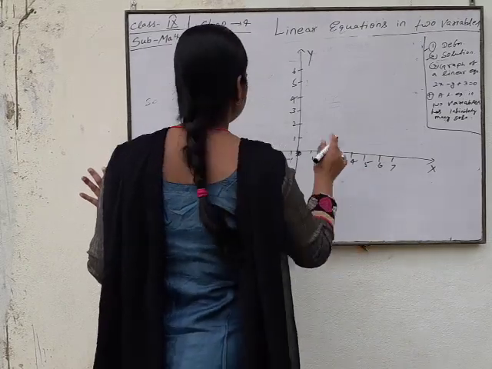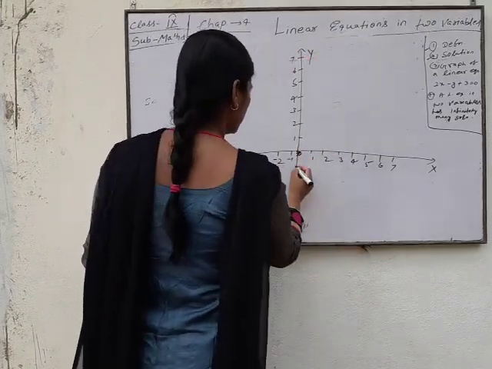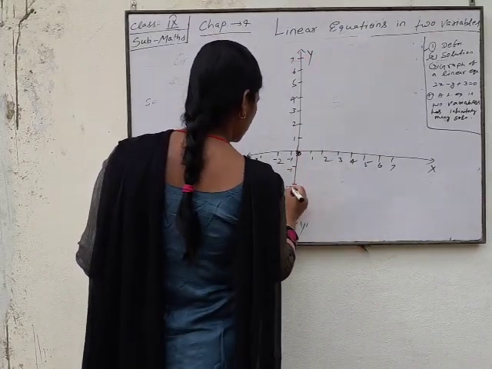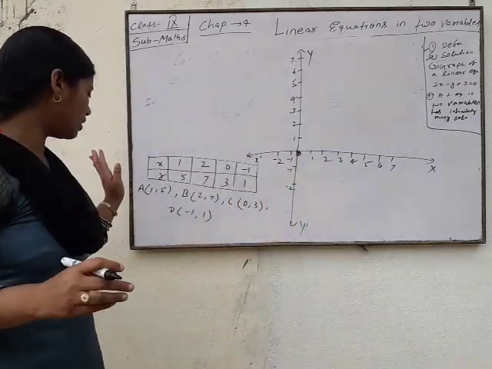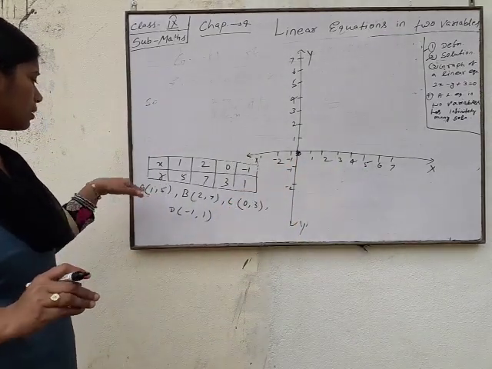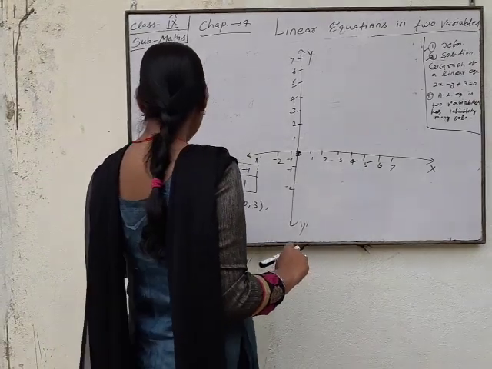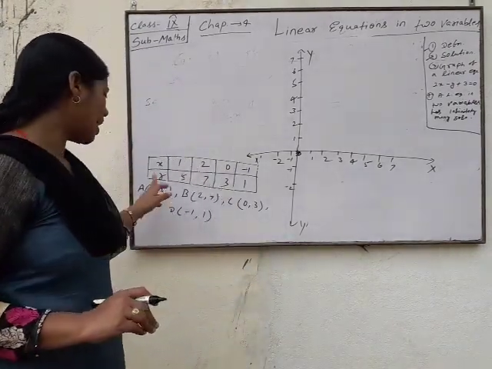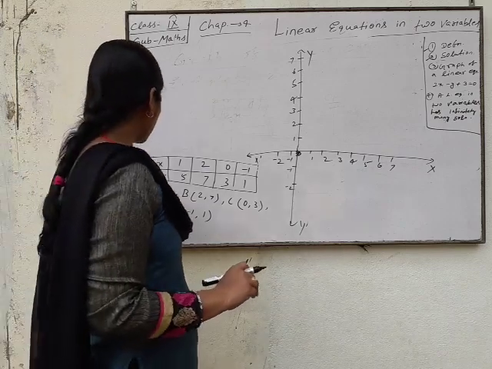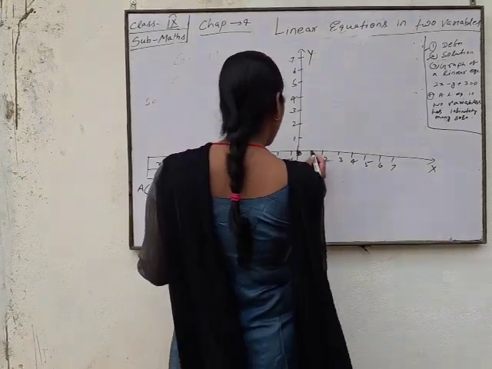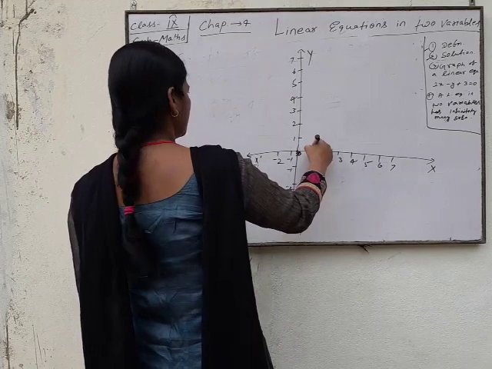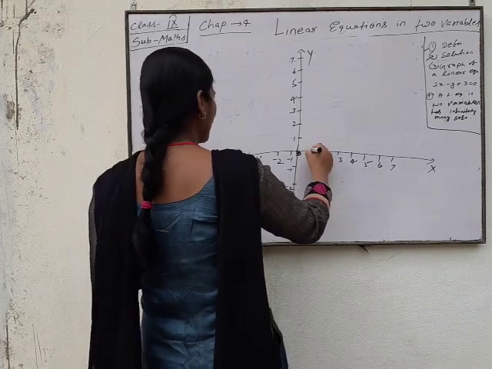And now, you plot all the points. Your A, 1, 5. 1 is the value of x and 5 is the value of y. This is 1, and 5 is y.